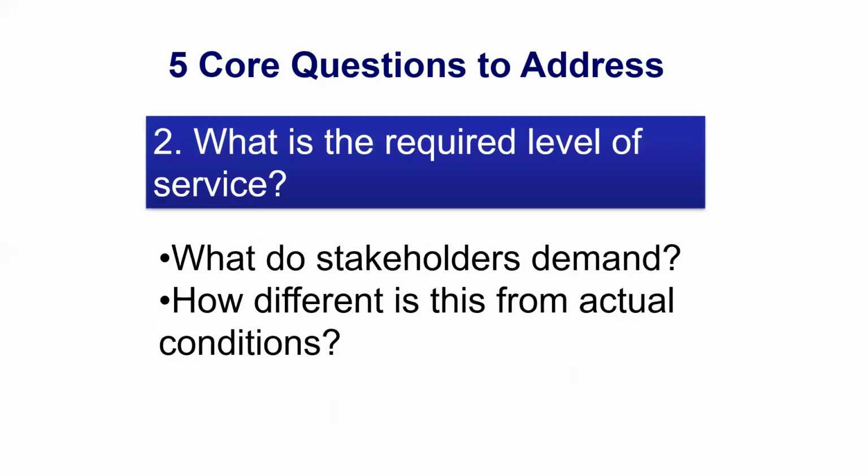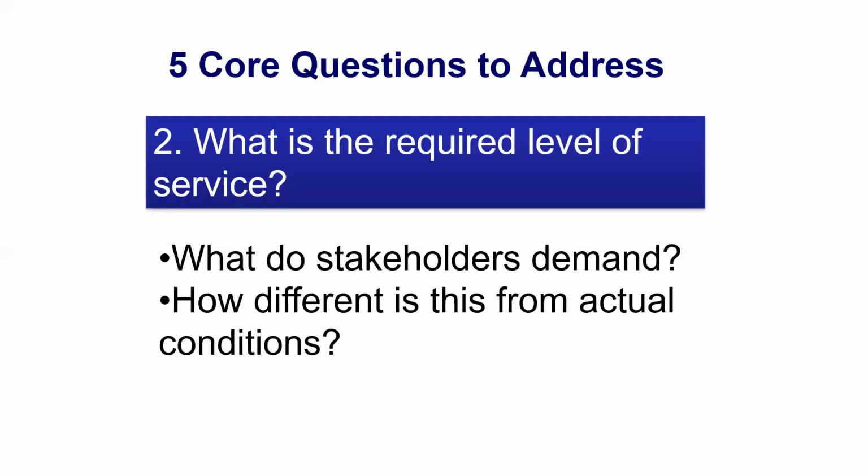The next question is, what is the required level of service? Now, let's take our roadway network, for example. I could rate my roads on a scale of 1 to 10 if I were looking at it in a simple fashion. So the individuals that I report to, my stakeholders, the individuals who have a stake or a share in this roadway and my roadway network, what do they expect?